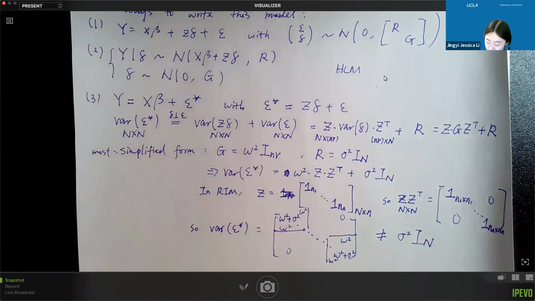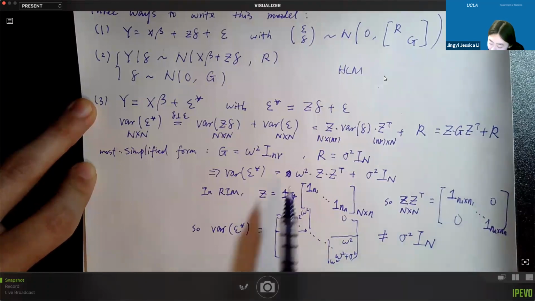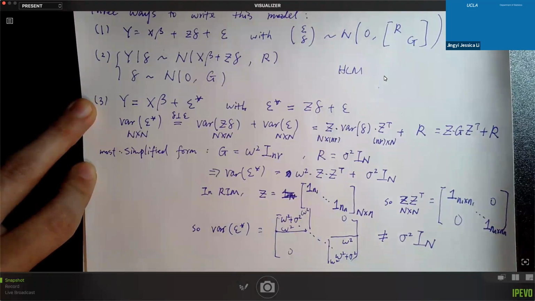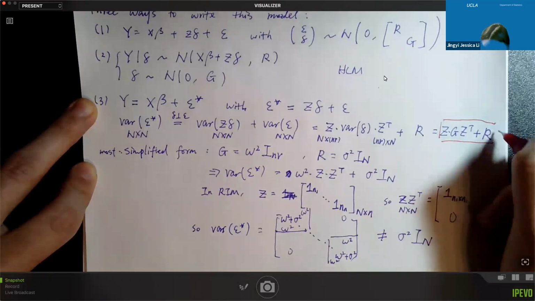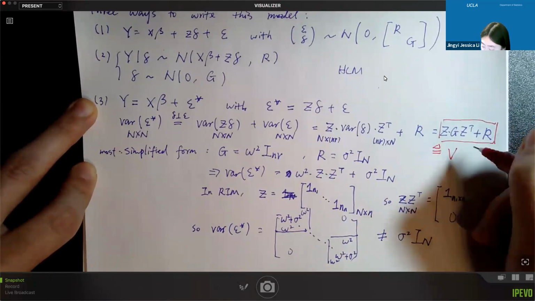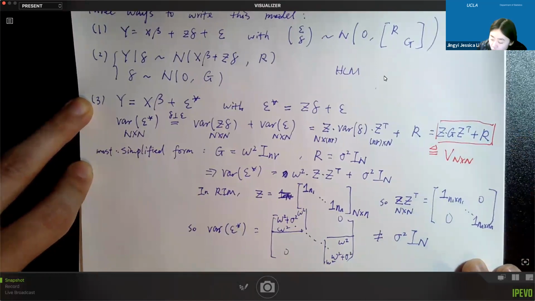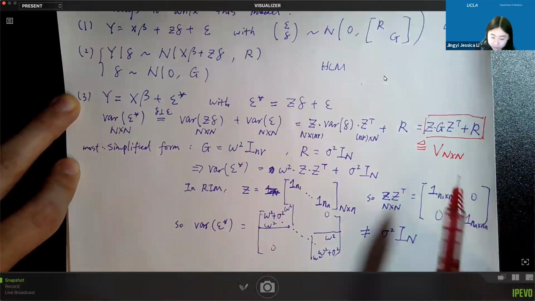Okay, so that's the third way of representing the same model. You can see that in the third way, you basically condense the two random terms into one term. And from now on, we are going to give this sum a notation. We're going to denote it as V. V is an n by n matrix for simplicity. So if we don't want to distinguish G and R, we're going to use V. So just keep in mind.